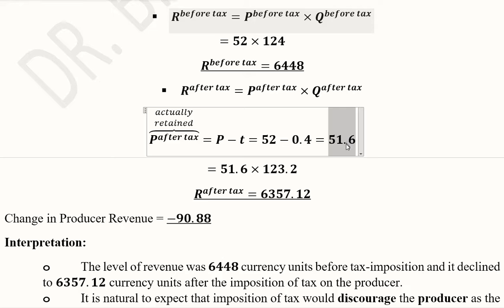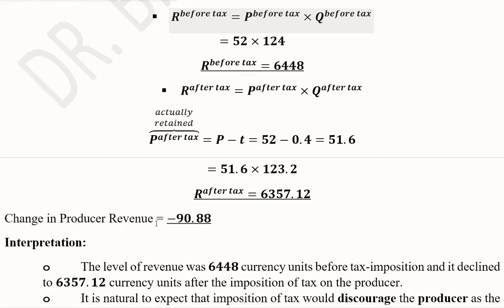So he gets to keep 51.6 rupees or any currency unit. So this price that he has actually retained gets multiplied with the new equilibrium output, which is 123.2. Multiplying them, we get the revenue after the tax. So this is the amount that is actually retained by the producer. Therefore we use that price which is actually retained by the producer, which is 51.6. This is how we calculated it.